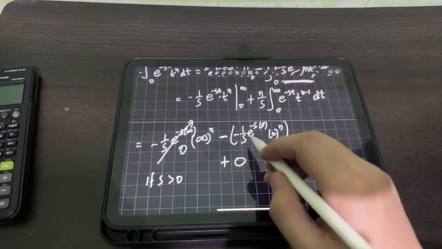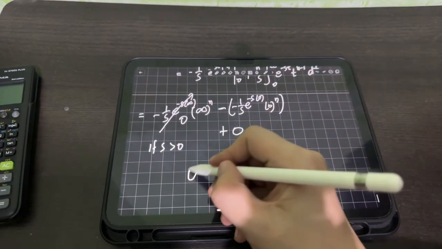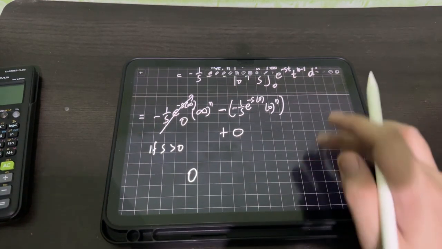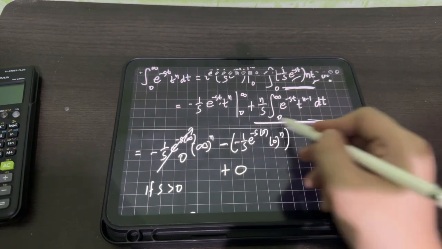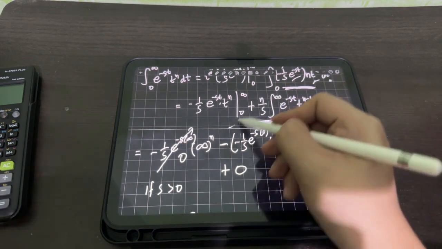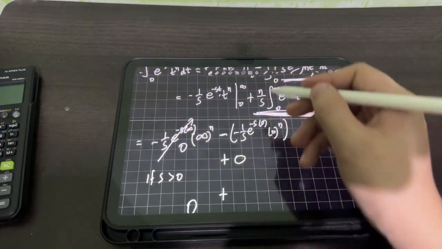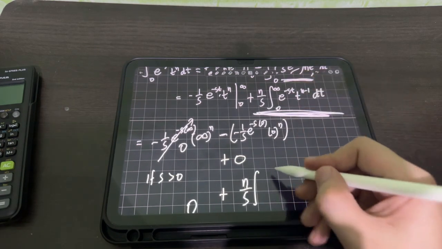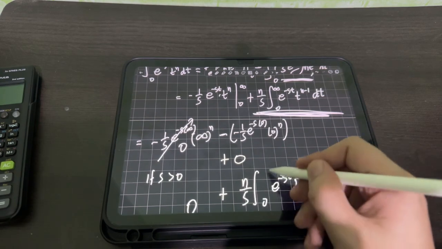So therefore, this is just equal to 0, right? If we restrict s to be greater than 0. Then the next thing that we will simplify is this one. So this one is already 0, right? But we need to have this integral, n over s, the integral of e to the negative st, t to the n minus 1 dt from 0 to infinity.